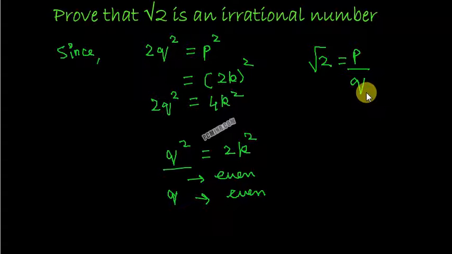Since 2 is coming out to be a common factor, it is contradicting our assumption that there is no common factor. Hence, our assumption is completely wrong. Square root 2 cannot be expressed as p by q. Hence, square root 2 is an irrational number. I hope you understood that.